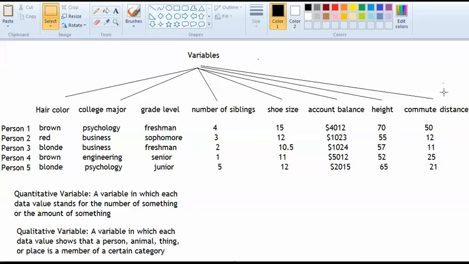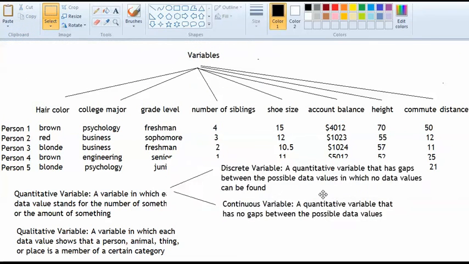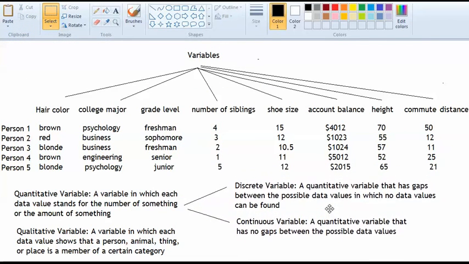Let's talk about 2 different types of quantitative variables. A quantitative variable can be either a discrete variable or a continuous variable. A discrete variable is a quantitative variable that has gaps between the possible data values, in which no data values can be found.